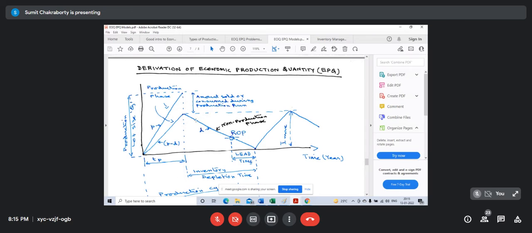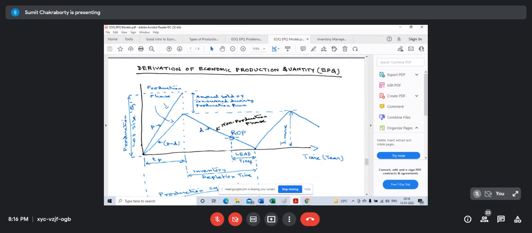So this minus this is this line, P minus D. Small p is always greater than small d. Remember U, usage rate, that is the demand rate or consumption rate. In EOQ, we denoted it by U. Here it is denoted by D, the consumption rate. So inventory build-up rate, daily or weekly, is P minus D, per unit time frame.